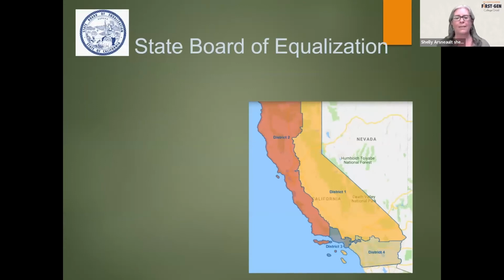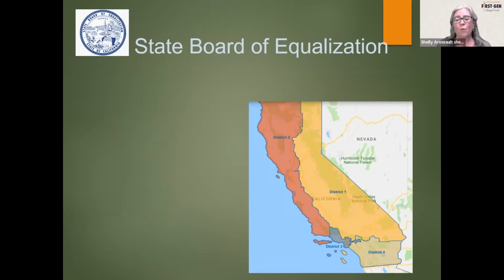And this is the one I think that is the most murky. So this is the map of the districts for the Board of Equalization. It's a little odd, I think you can see. But as we know, the bulk of the people in the state of California live down south where we live. So I'm actually in LA County. And so LA County itself is District 3.